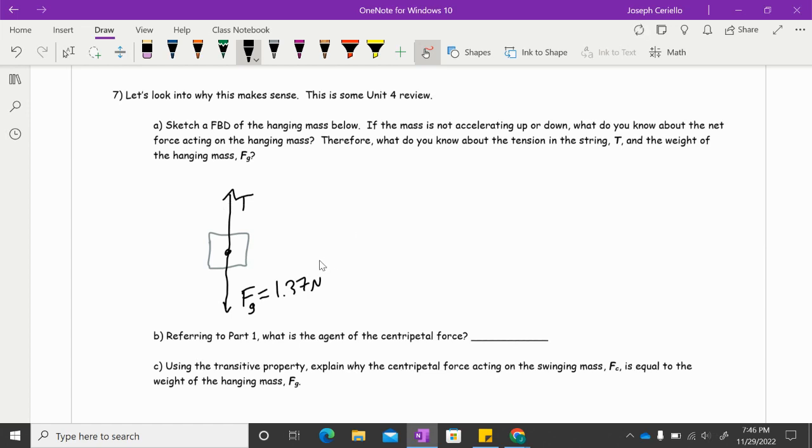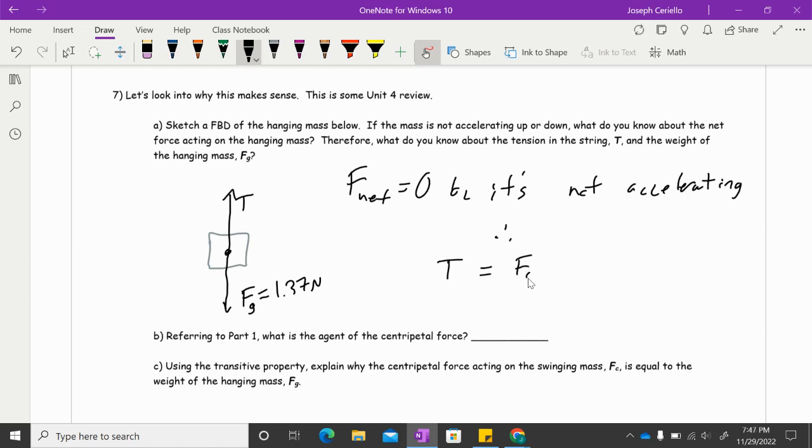So one thing we should notice here is that this object is not moving. The net force is zero. I'm going to write F net equals zero because it's not accelerating. Therefore, we know that the tension is equal to F_g, which is equal to 1.37 newtons.